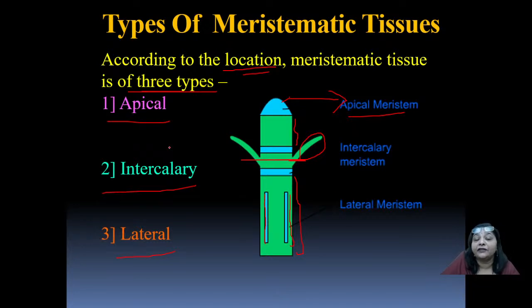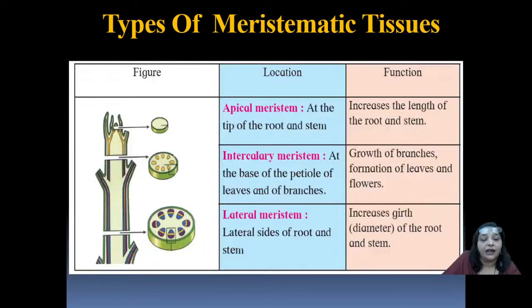So there are three basic types. There are three different types of meristematic tissues based on location. One is apical meristem, second is intercalary meristem, and third is lateral meristem. Let us now see in more detail the location of these different types of meristematic tissues.